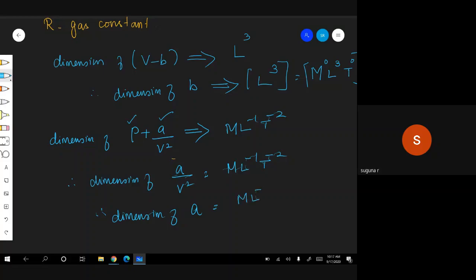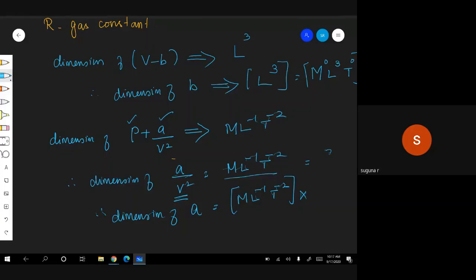M L power minus 1 T power minus 2 into the dimension of V squared. Because A by V squared is only the pressure dimension, but I want only A. The dimension of A divided by the dimension of V squared should be equal to the dimension of pressure.